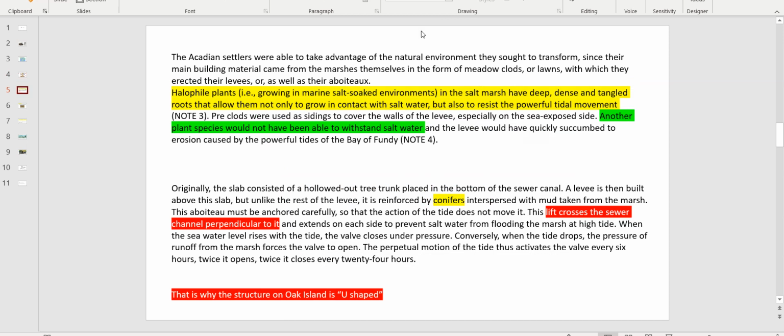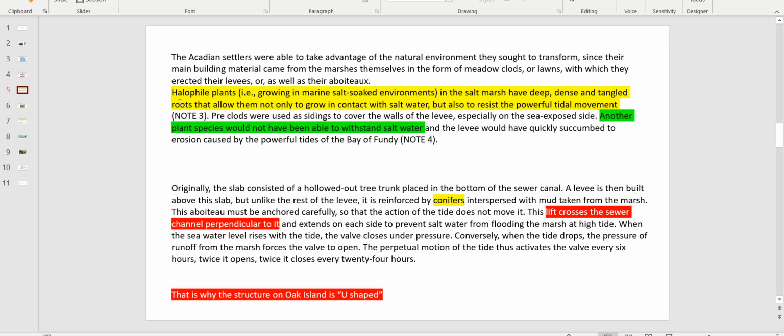So they took advantage of the natural environment, since the main building material came from the marshes themselves in form of meadow clods or lawns, which they erected to levees. That's for swamp drying. Huh? That's not Oak Island and money pit, booby trap, etc. That's just the regular thing.